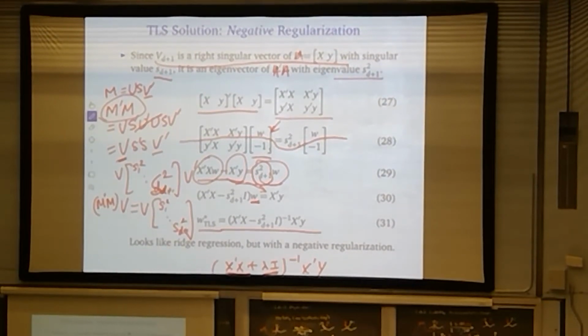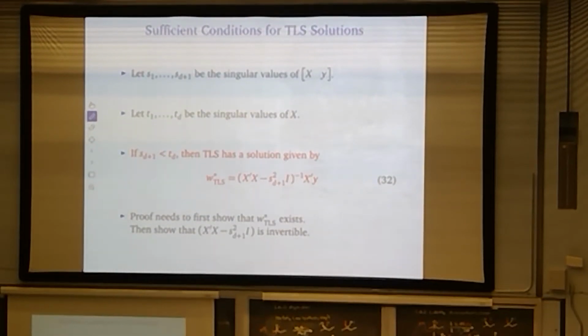So we have a lot more to talk about it. But before we move on, let's figure out, in the derivation, we have made two assumptions. One is that the last element of V_{D+1}, the last singular vector, is non-zero. Two, we assume that this matrix is invertible.